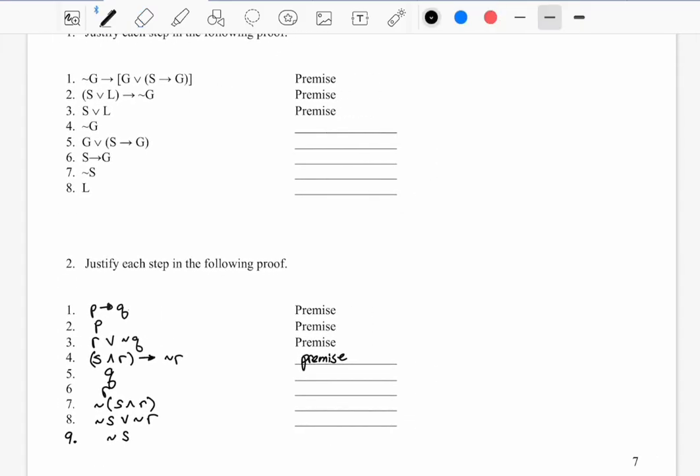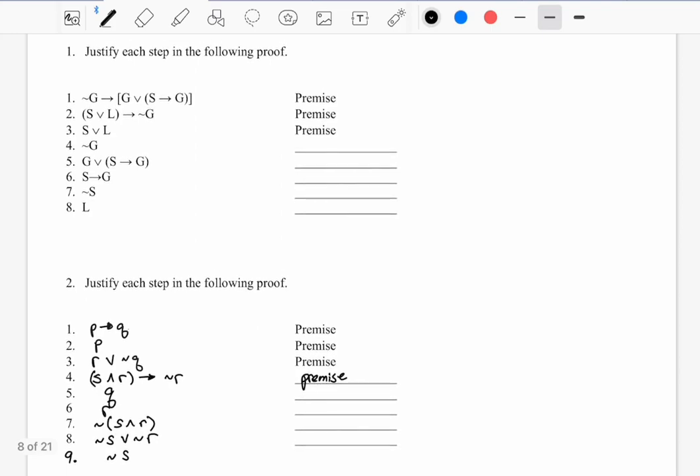So we're going to look at the first one. And again, it's justify each step in the following proof. On the left-hand side, we have all the different conclusions that we can draw from these three premises. So this is a premise. If you're familiar with proofs, a premise is given information. All three of these things are given.